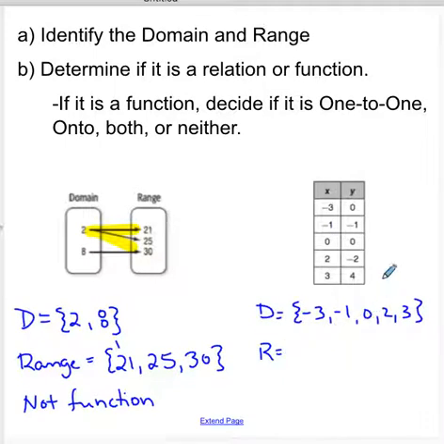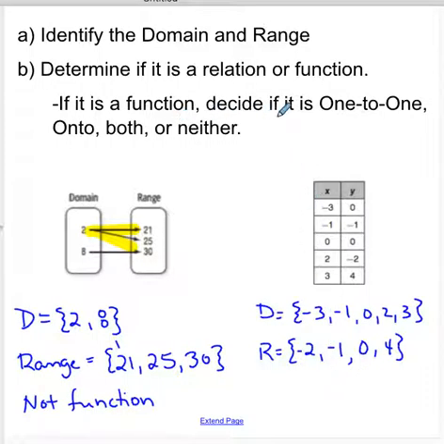The range I'm going to take a look at, and because they're just a list of them, I'm just going to list them from the least value to the greatest value to keep my life organized. So it's -2, -1, 0. There's 2 zeros here, so I'm only going to list that once, and then 4. So that's my domain, and that's my range.